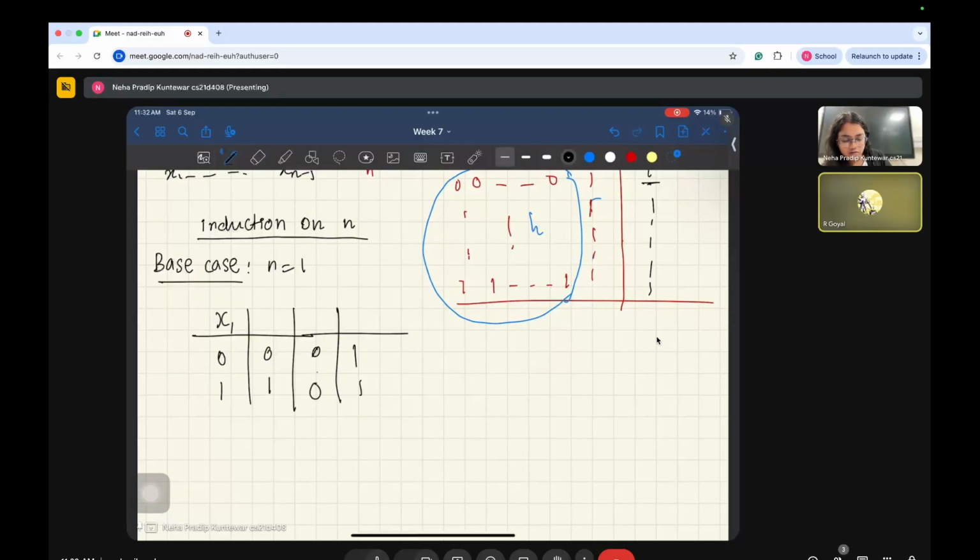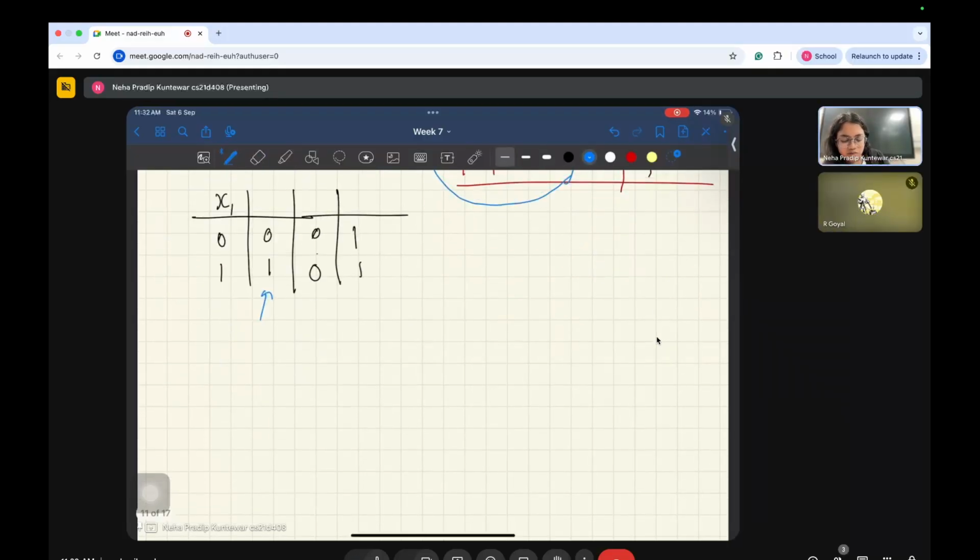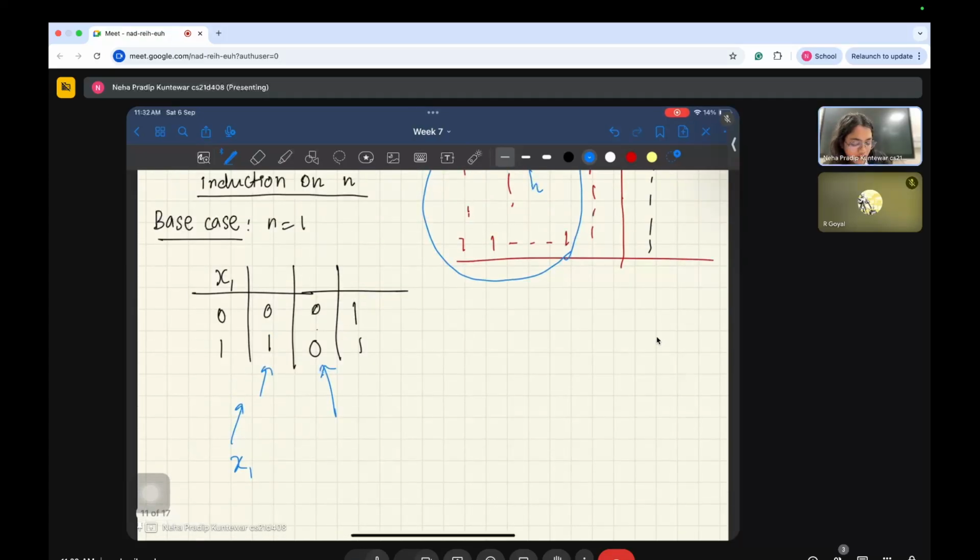Okay, so in this case, what is the circuit corresponding to it? Just output x1. This is kind of trivial. Take the x1, take its AND with 0, and output that.